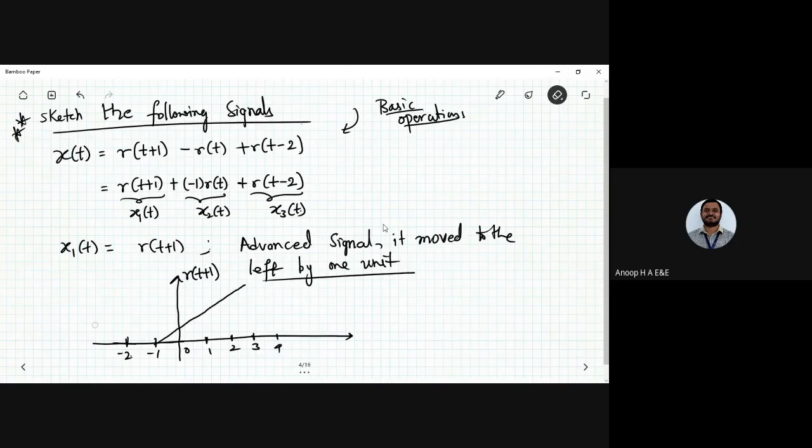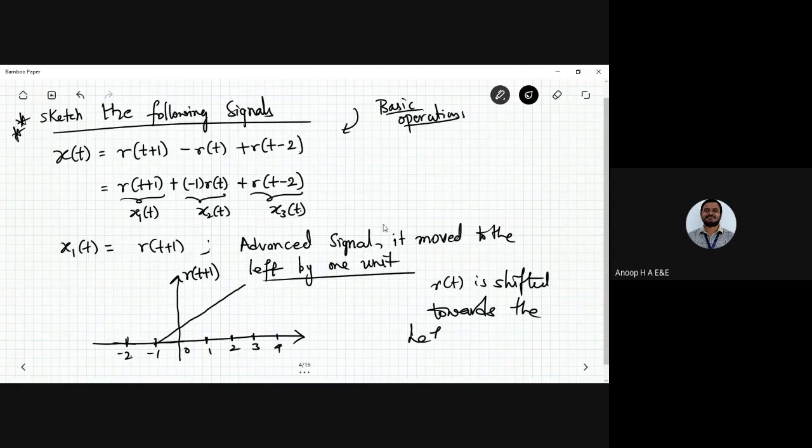Hope you have understood how I wrote it. So r of t is shifted towards the left by 1 unit.